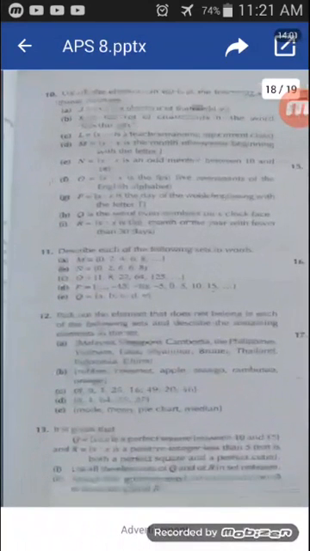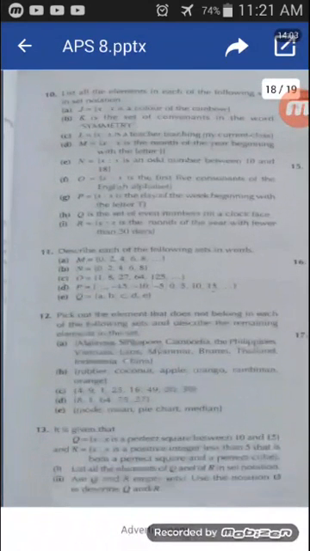Question number 10 is, list all the elements in each of the following in set notation. You just write it as a set notation as in the previous example. Question number 11 is, describe each of the following sets in words. Now this is a different question from all the previous questions. You write it as words. Like part A is, M is equal to 0, 2, 4, 6, 8.